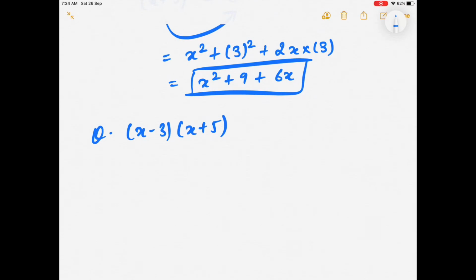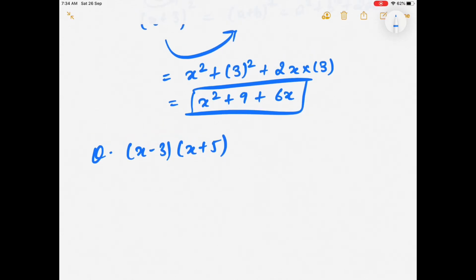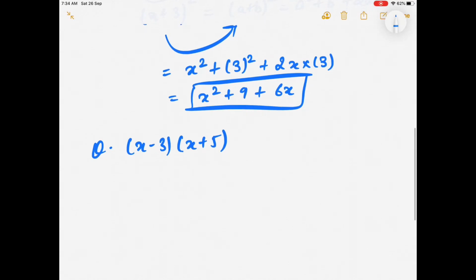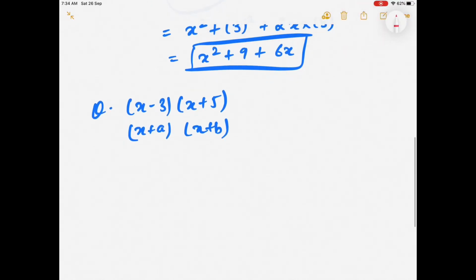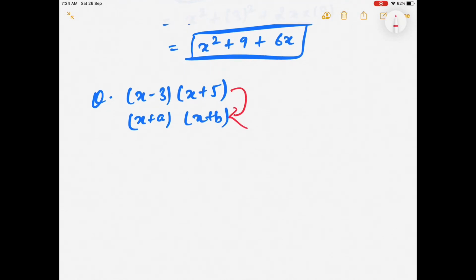Can we use identity number 4 here, because here are two terms like (x plus a) into (x plus b), right? So we are going to expand this bracket and put the values in that identity.